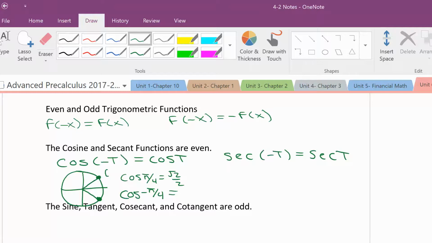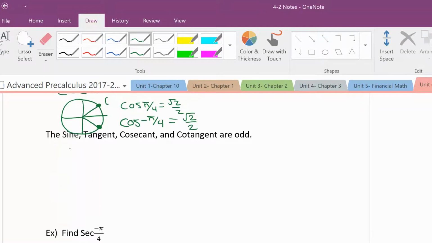And since x is positive in both the first and fourth quadrant, it would also be positive rad 2 over 2. So that means that the cosine of negative pi over 4 is the same as the cosine of pi over 4, which means it's an even function. And that would apply for secant.